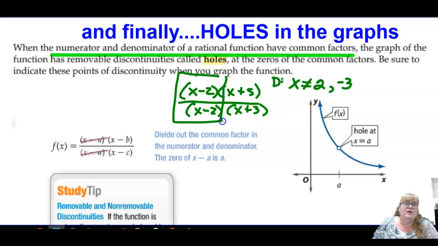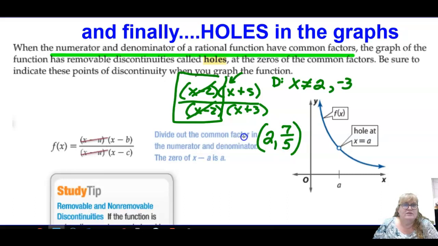But when you cancel it, you now say x equals 2 is where the hole is, and then you plug the 2 back into this reduced version of the function. So 2 plus 5 would be 7, 2 plus 3 down here would be 5, and you'd have a hole at (2, 7/5). I just made up that example.